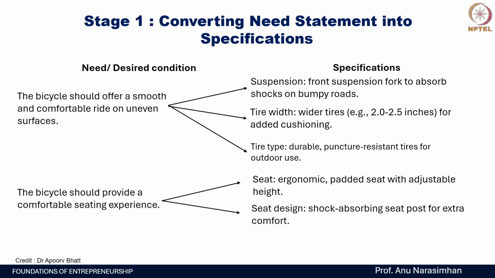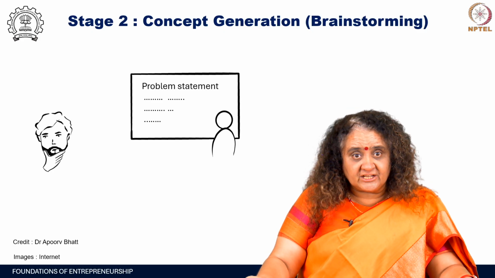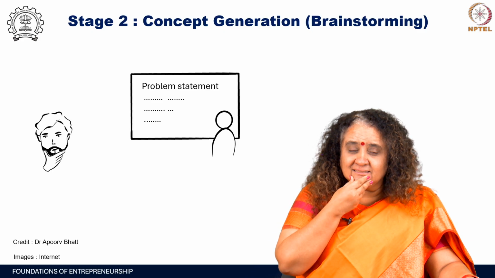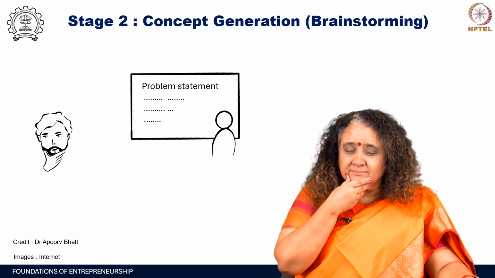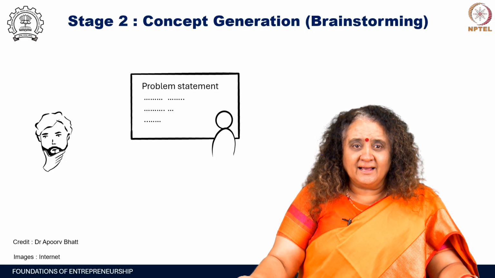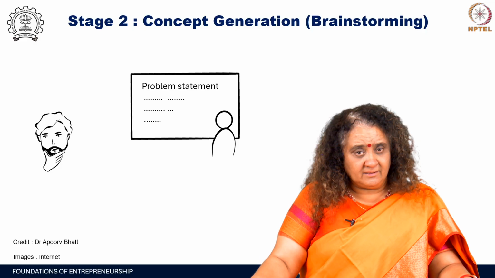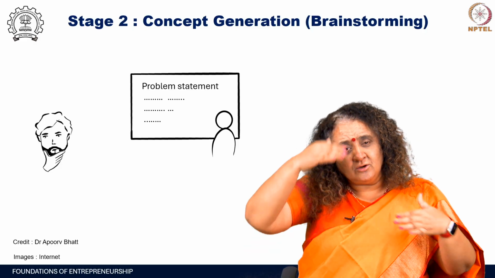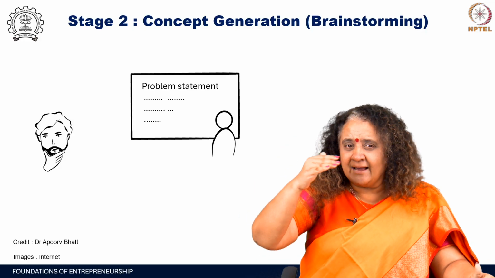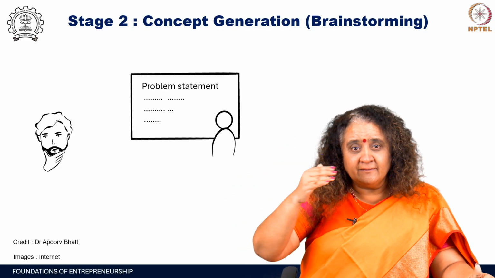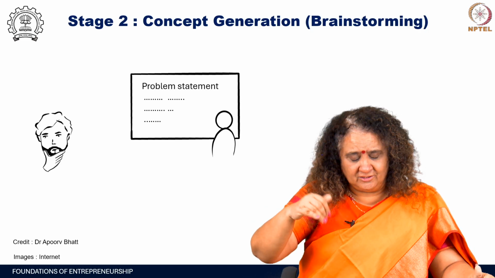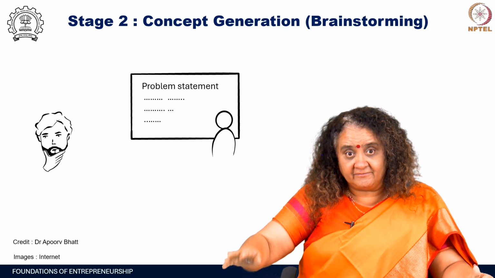This is where we move to stage 2 and start generating concepts, and I like this look of this person who is thinking and saying, yeah, I am ready to brainstorm, and the problem statements have been listed. And here it is not the overall problem statement, it is the intermediary ones saying the seat is uncomfortable, the ride is uncomfortable, especially when I go over terrain which is not flat.